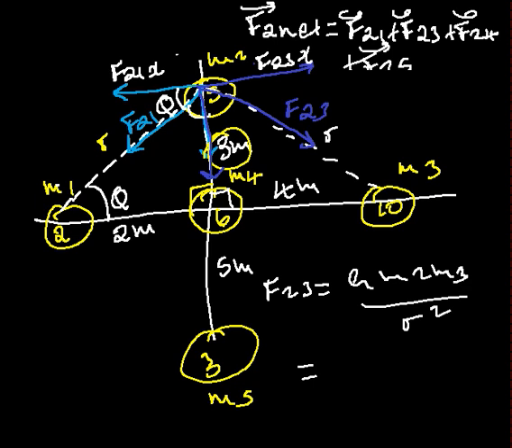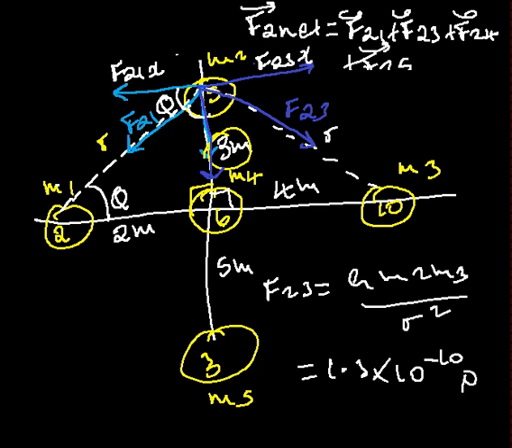That is 1.33 times 10 to the power negative 10 newtons. That is the force F23.